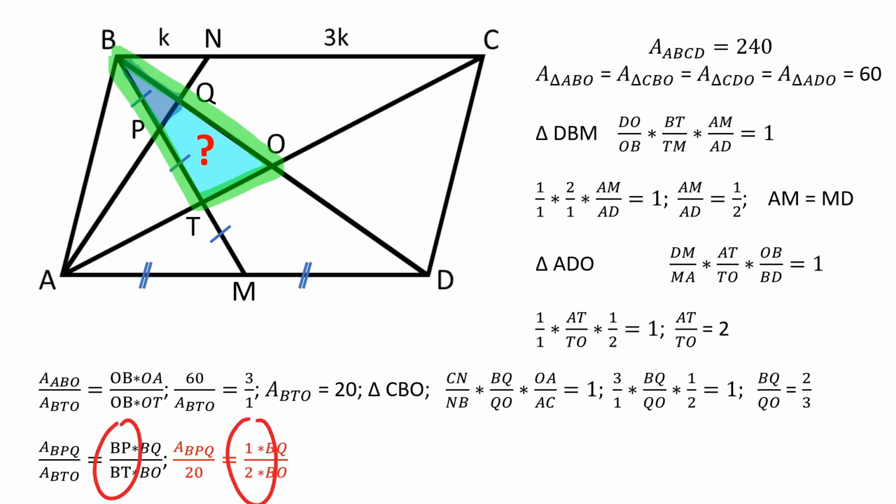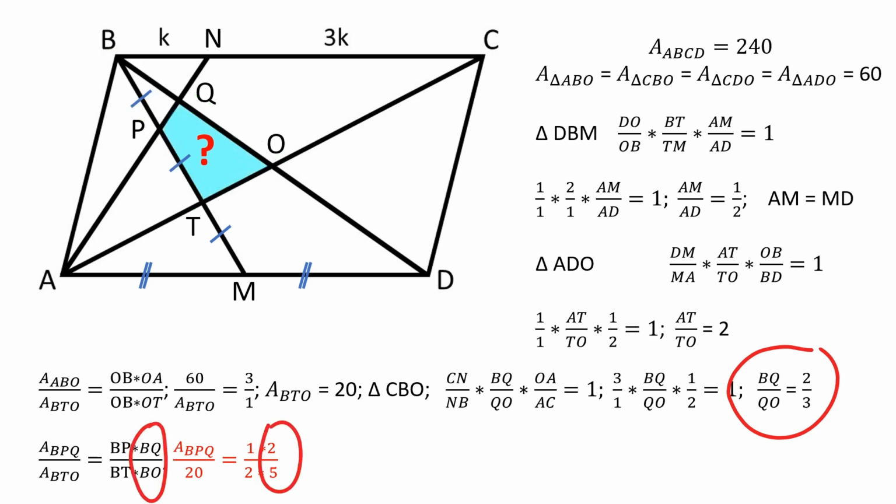The ratio of BP over BT is equal to 1 over 2. And since the ratio of BQ over QO is equal to 2 over 3, the ratio of BQ over BO is equal to 2 over 5. Therefore, the area of the triangle BPQ is equal to 4 square units.